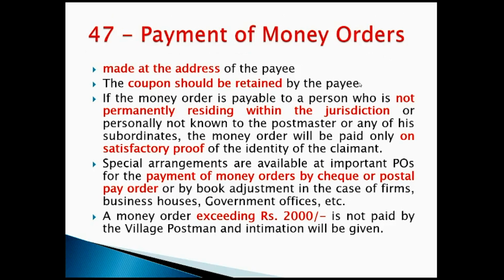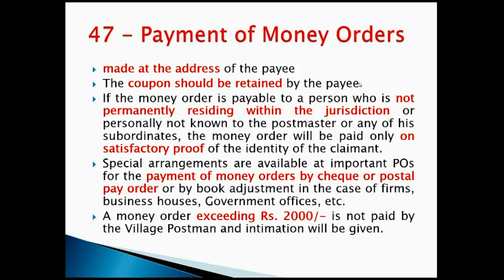The coupon portion in the money order should be retained by the payee. If any doubt arises, and the money order is payable to a person who is not permanently residing within the jurisdiction, or the payee is not personally known to the postmaster or the delivery agent, such money orders will be paid only on satisfactory proof of identity of the claimant.